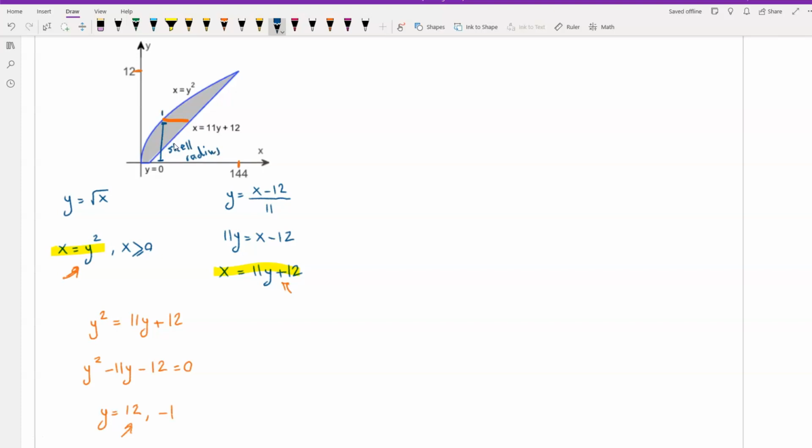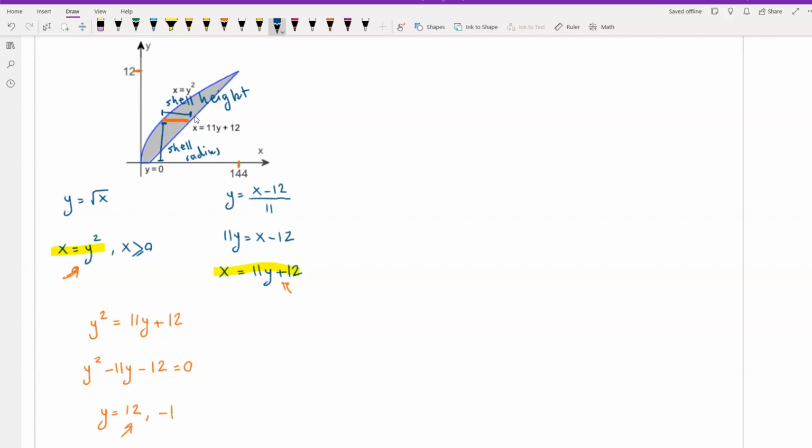And here we have shell height. The shell height changes for different values of y, and that is the distance between the two functions, x equal to y squared and x equal to 11y plus 12.